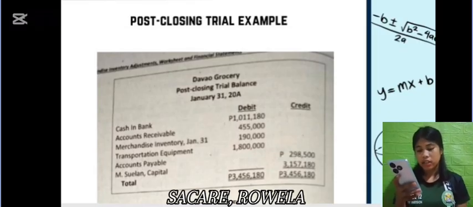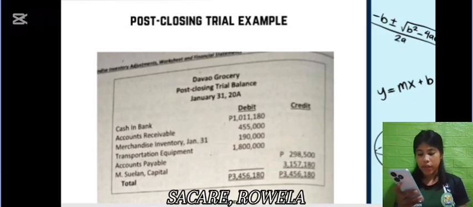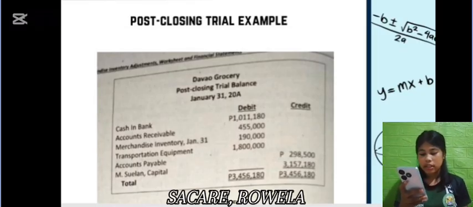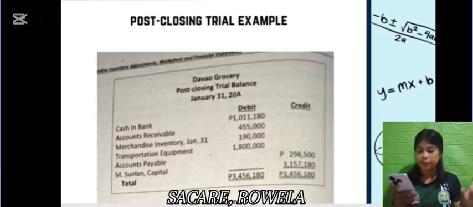The total of the debits for assets is 3,456,180.